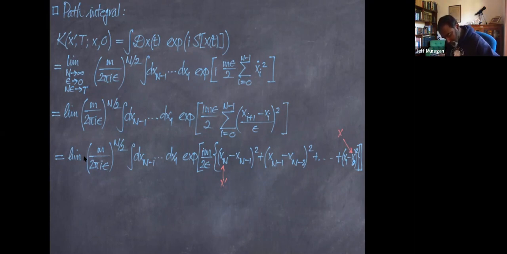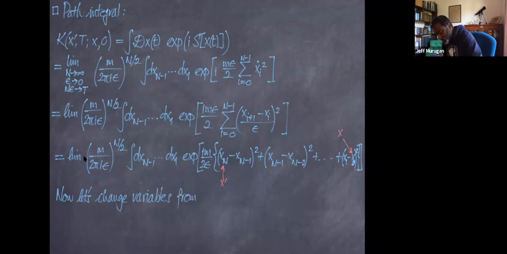So let's make a change of variables from the x_i to, let's say, q_i, where I'm going to define, the three lines here means I'm making a definition, q_i to be the square root of m over 2 epsilon times x_i.